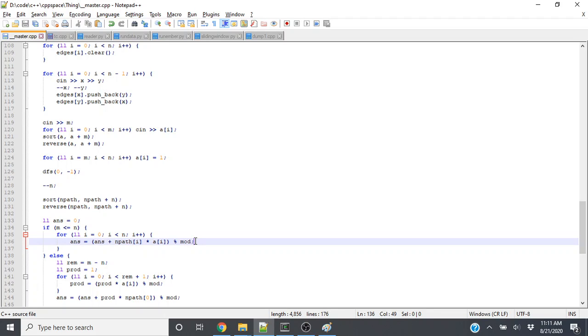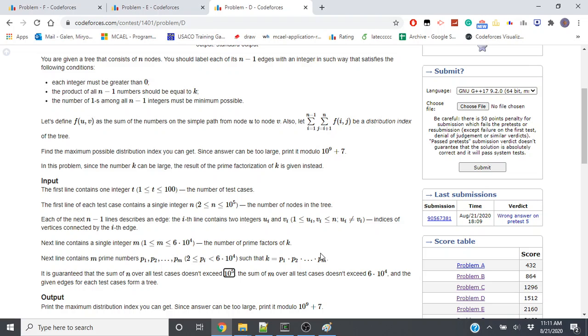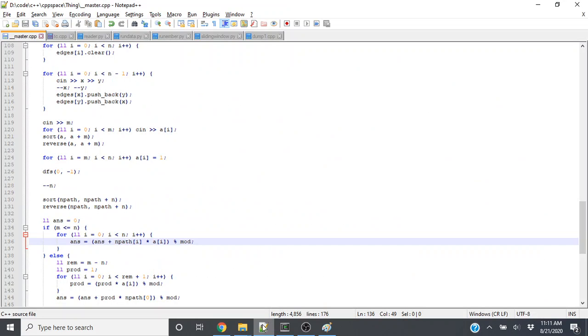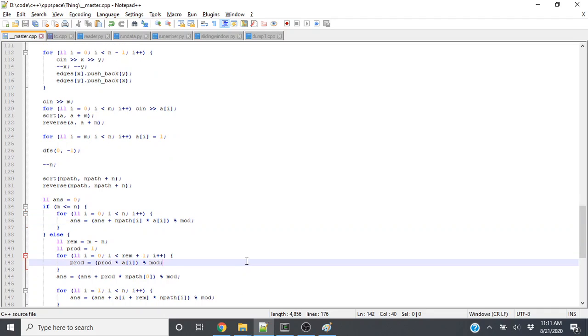Right? Yeah. For I equals 0, I is less than rem plus 1, I plus plus. Take the product of everything.